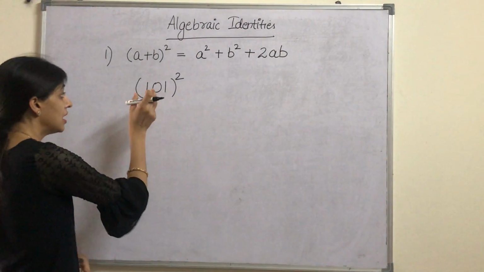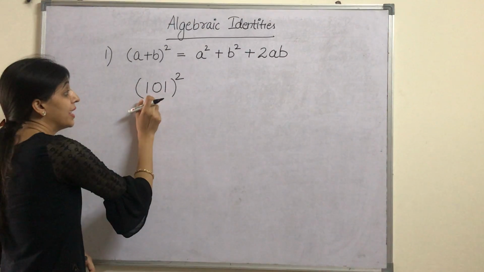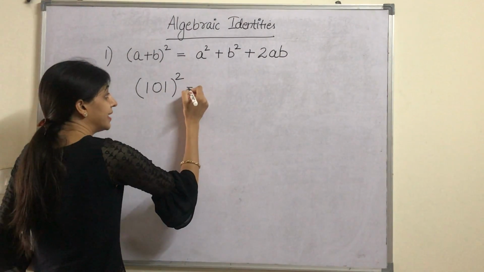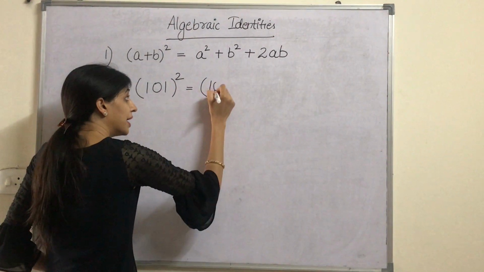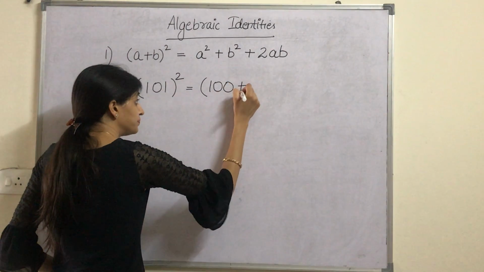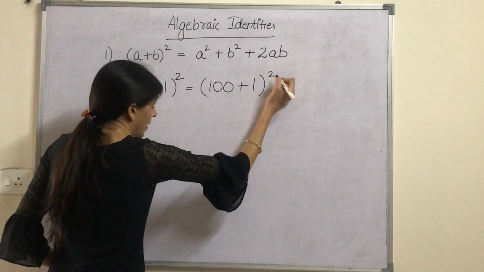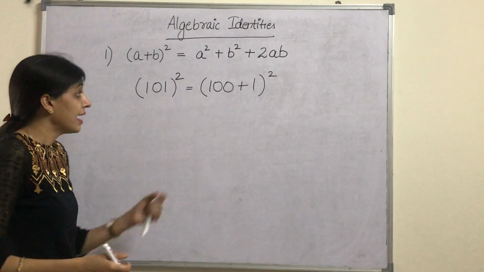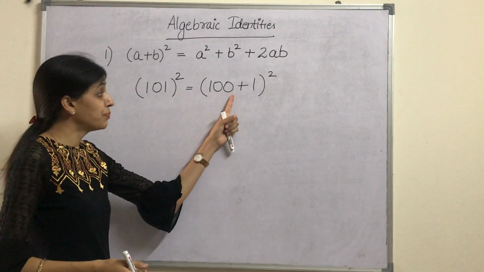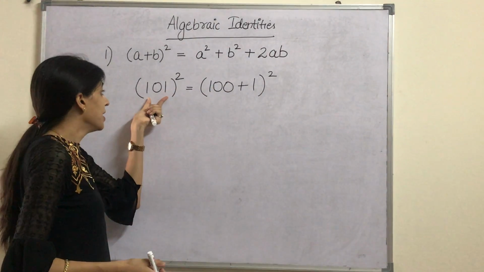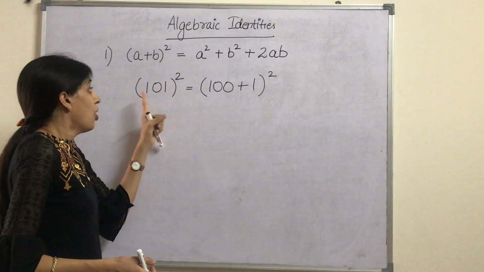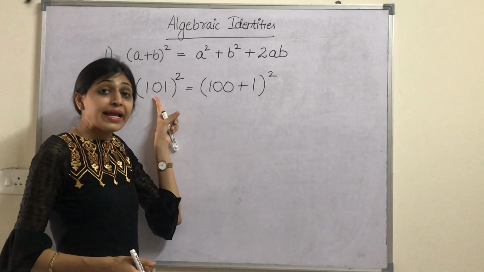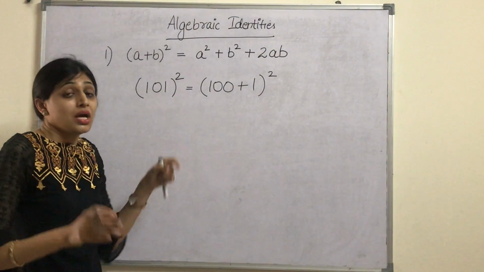For example, 101, how can we write it? Can I write it as 100 plus 1 whole square? I have written this into a simpler form. Always use the identity to solve the question.